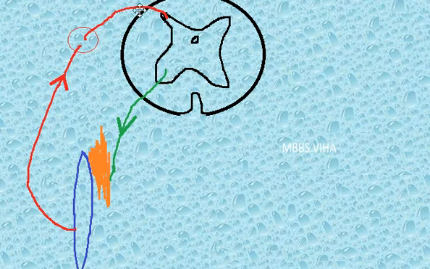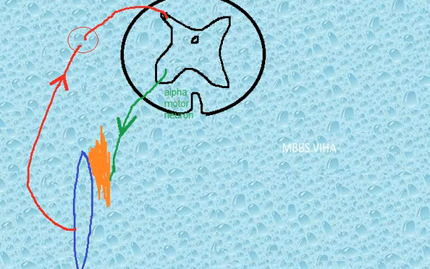Alpha motor neuron present here. It sends the efferent signal to the extrafusal fibers, which in turn are connected to the intrafusal or the muscle spindle.